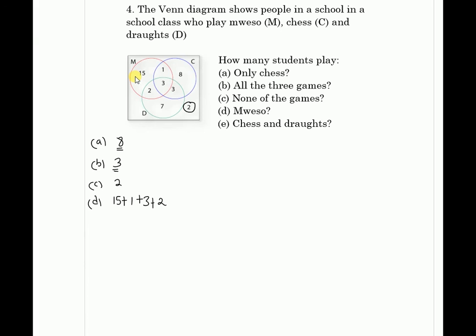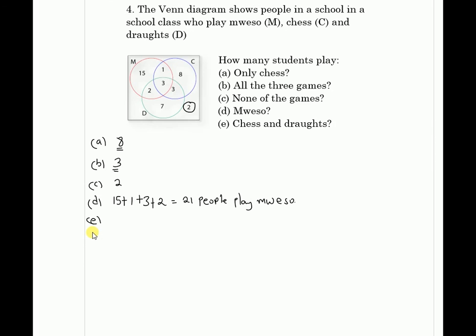Everywhere in the red circle signifies the set for mweso. So this is 21. So 21 people play mweso.